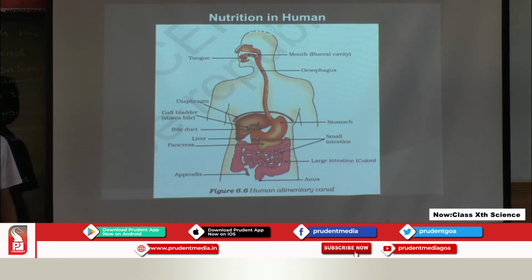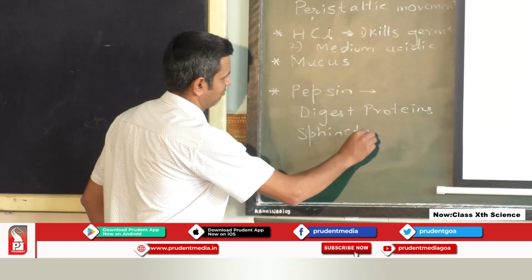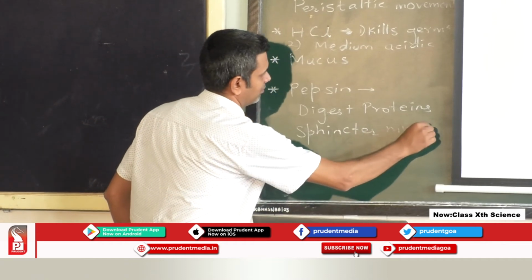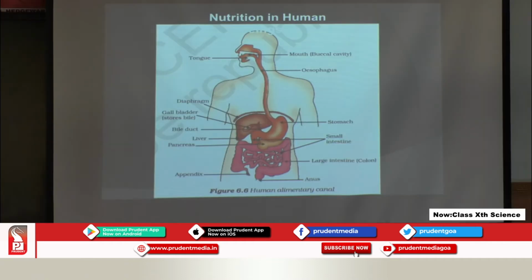We call such muscles sphincter muscles. So the entry of food from the stomach into the small intestine is regulated by sphincter muscles.